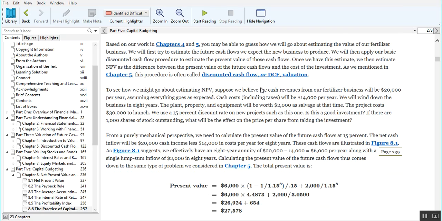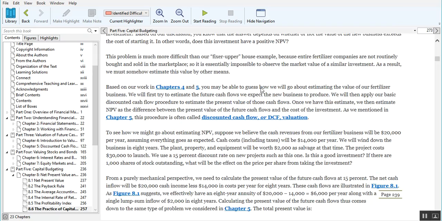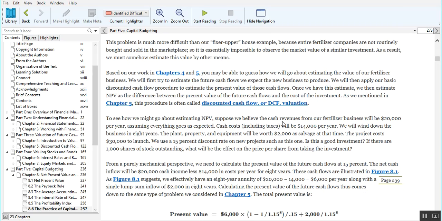So we get to this example here. They suggest, or in the example they say, we're going to start a fertilizing business and we're going to have $20,000 in cash revenue. That's every year, and for every year we're going to have $14,000 in cash outlay. That means we'll have a net cash income of $6,000 a year.